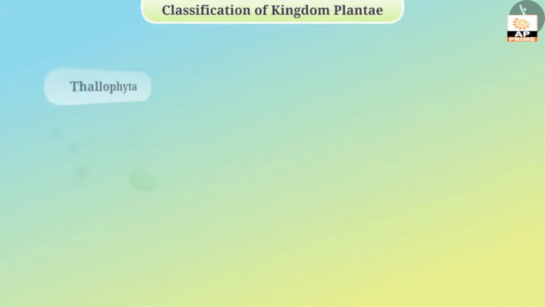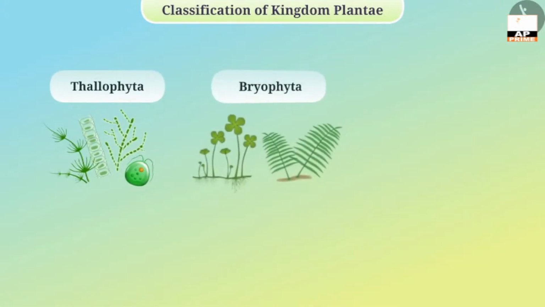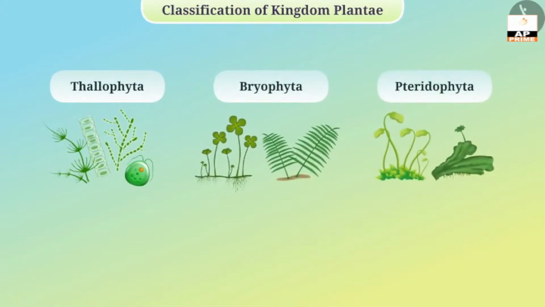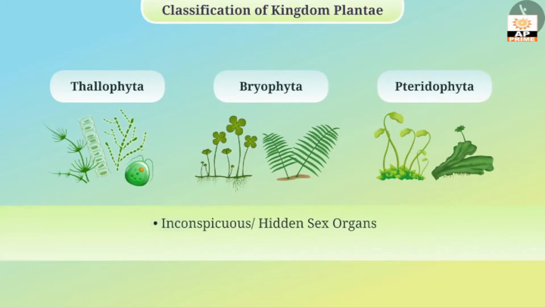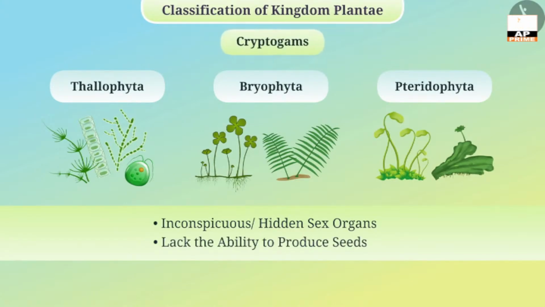Among them, Thallophyta, Bryophyta, and Pteridophyta, the plants in these three groups have very inconspicuous or hidden sex organs and they lack the ability to produce seeds. So, they are called cryptogams.